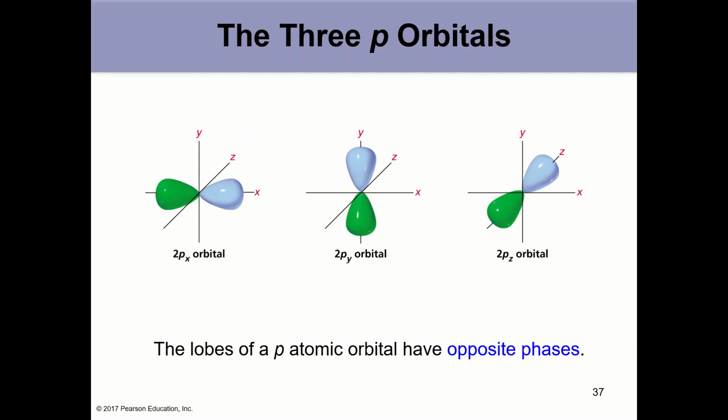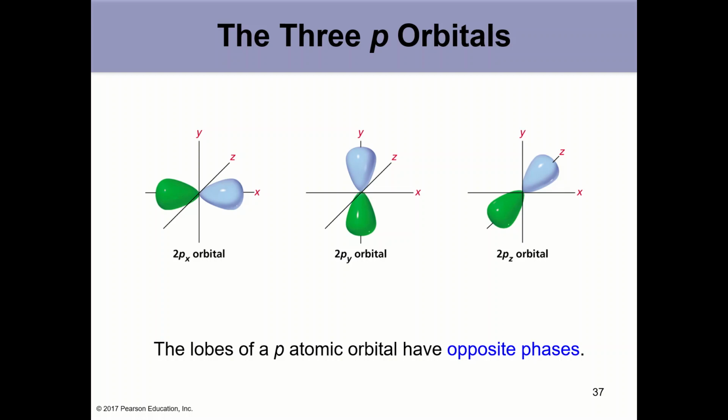Row 1 has no p orbitals, just the s orbitals. Row 2 has s and p orbitals. There are 3 p orbitals for each row of the periodic table once p orbitals become available. They are each in their own plane, along the x-axis, the y-axis, and the z-axis.